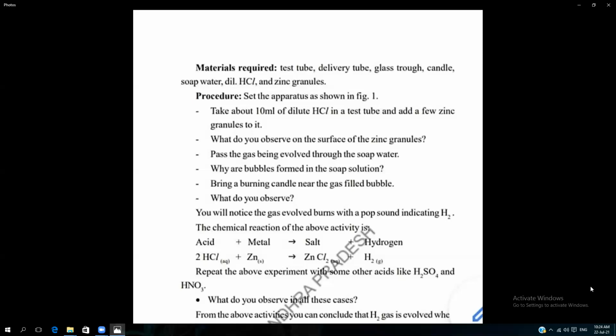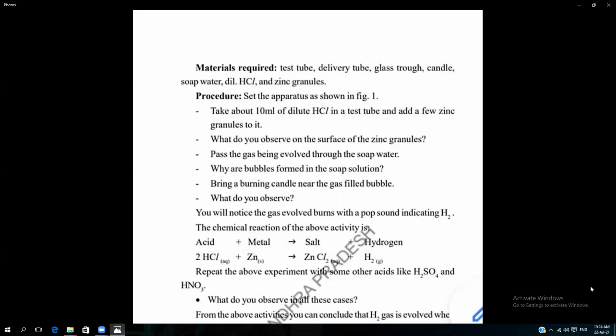This gas passes through the delivery tube into the glass straw. Why are bubbles formed in the soap solution? What is the reason? Which gas is evolved? We have to find that out.